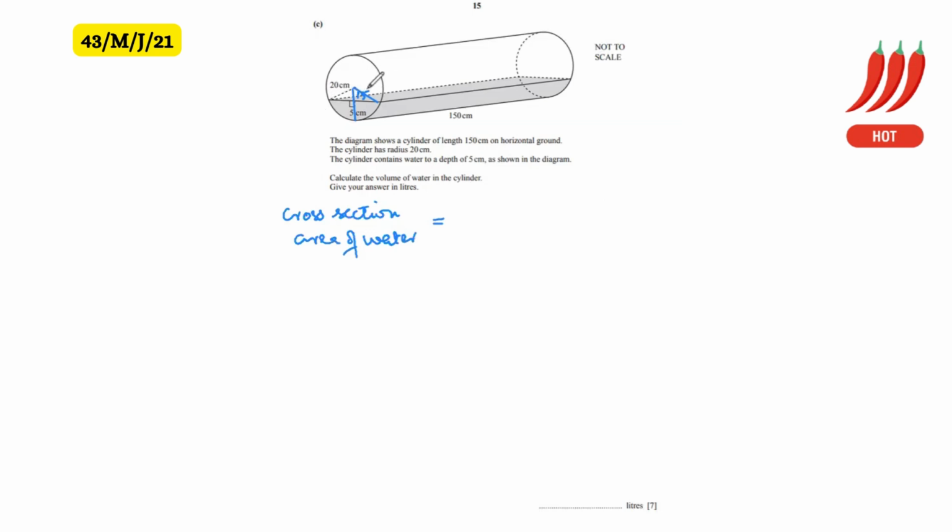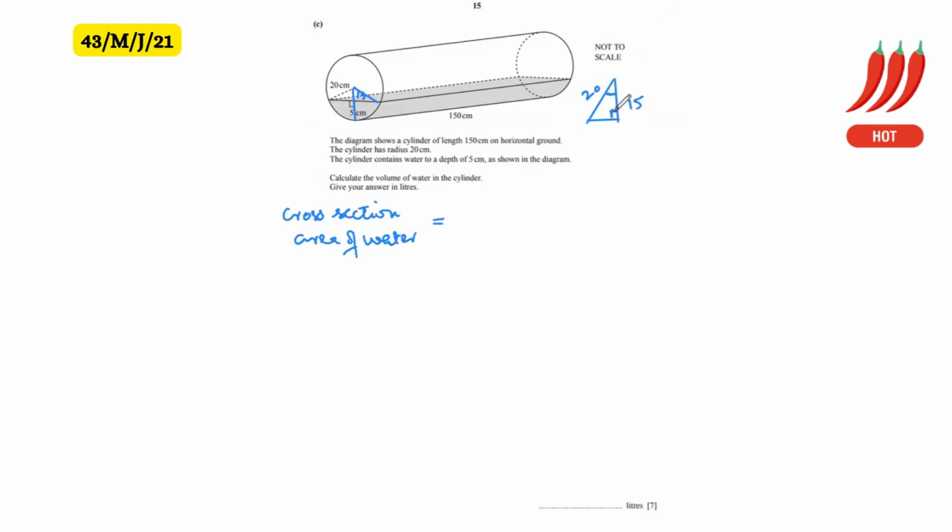So we know if this is 20, this is also 20. And actually, no, we can use Pythagoras. You don't need to use cosine. So I'm going to draw the triangle over here. This is 20. This height was 15. And we need to find this angle.